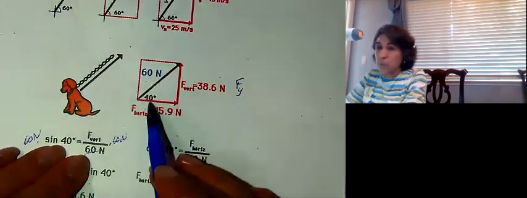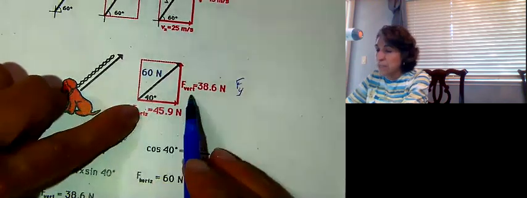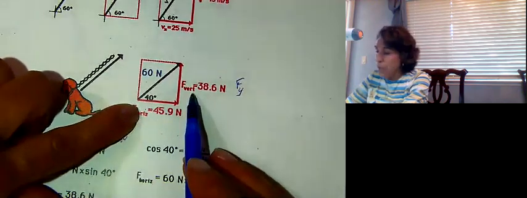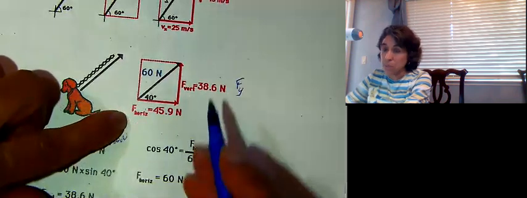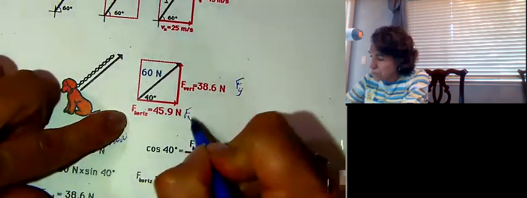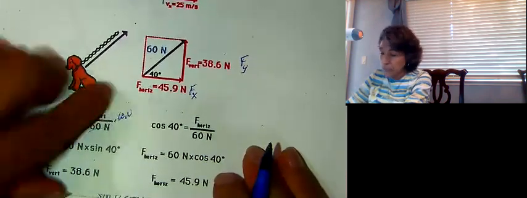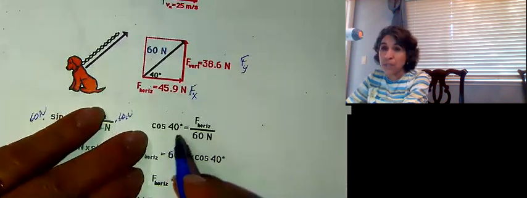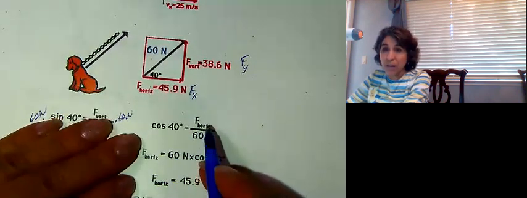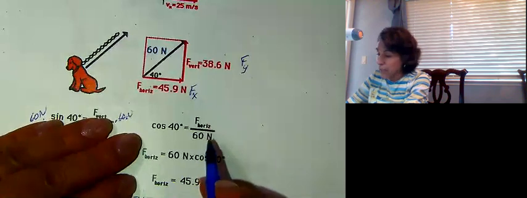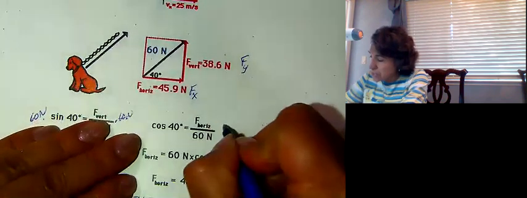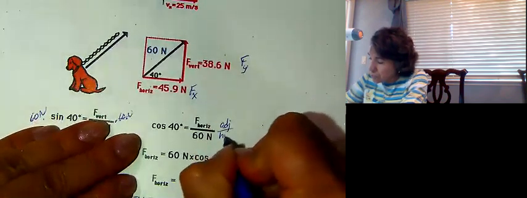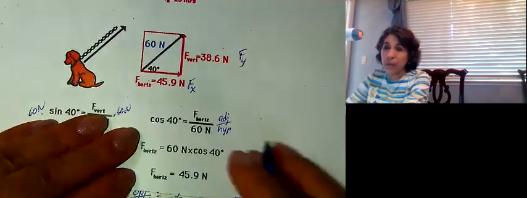All right, let's do the cosine side for that same angle. The opposite was F vertical, so the adjacent must be F horizontal, which by the way we end up calling F sub x, much faster. Cosine of 40 is F horizontal divided by the hypotenuse, adjacent over hypotenuse.